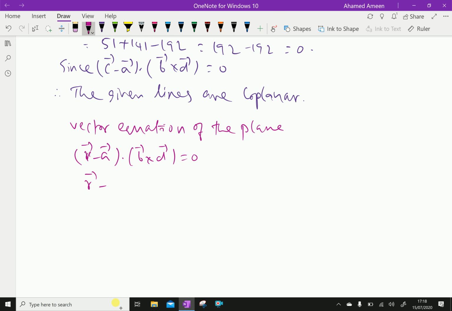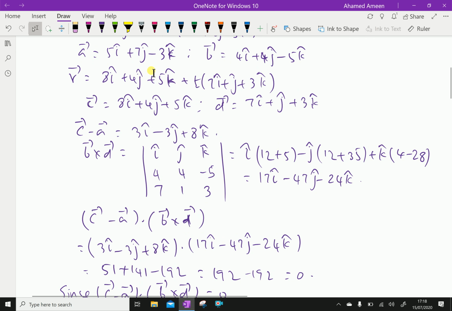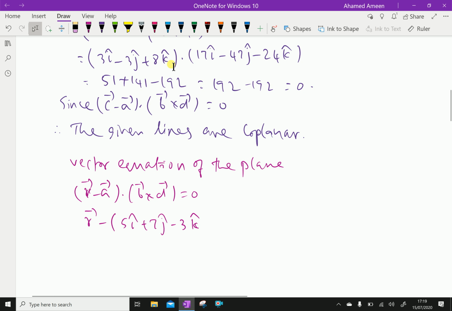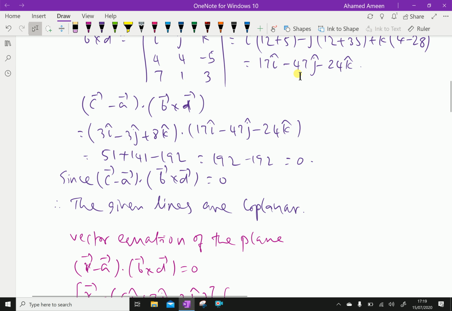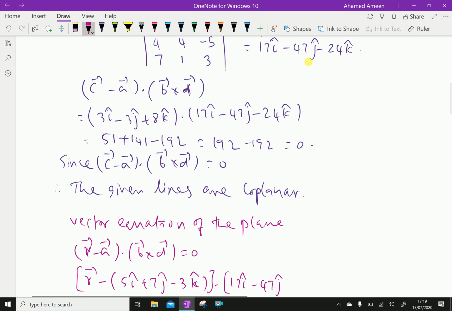So r vector minus vector A, where vector A is 5i plus 7j minus 3k, dot product with B cross D, which is 17i minus 47j minus 24k.